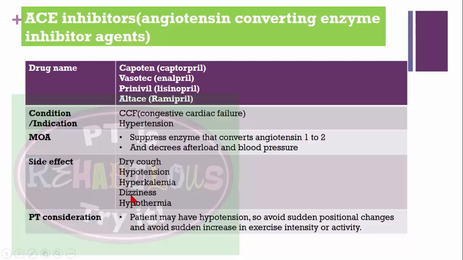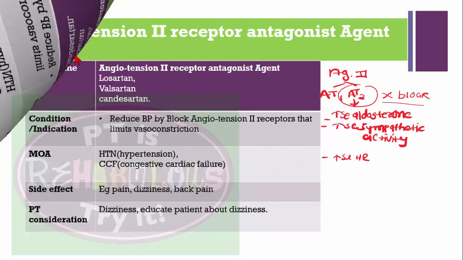Others are dizziness. As a physiotherapist, for these patients, who may have hypotension, avoid sudden positional changes and sudden increases in exercise intensity or activity. If the patient has hyperkalemia, notify their physician immediately.